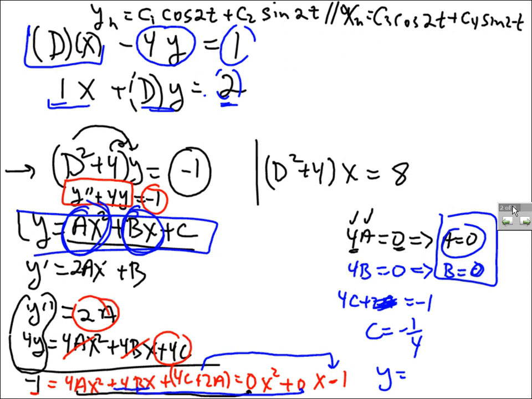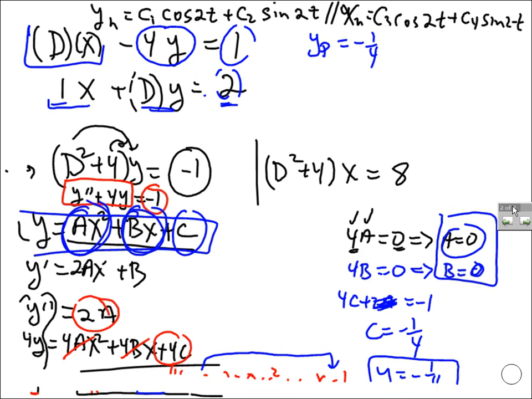I have 0 plus 0 plus negative a quarter, which is negative a quarter. That is what y equals. That is y particular. Y particular is negative a quarter.